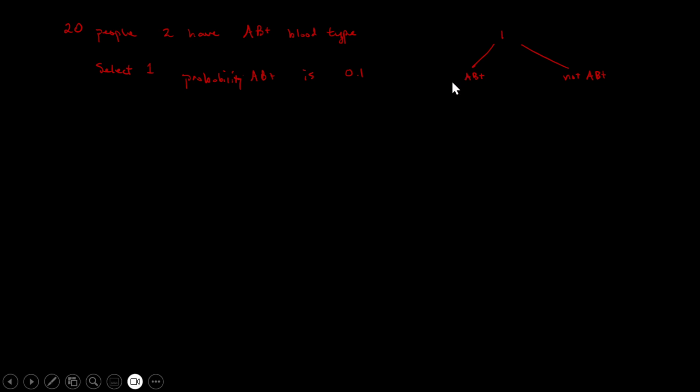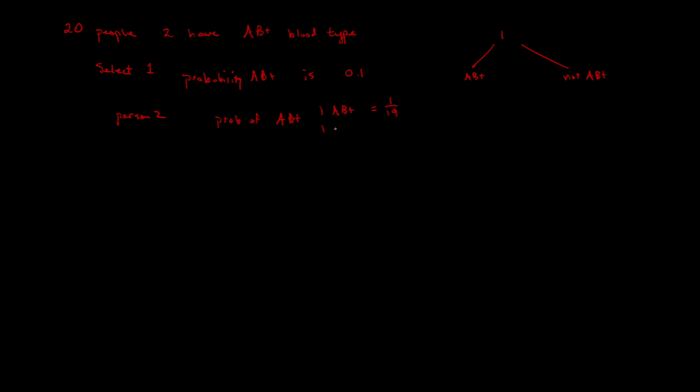Yes, it has. So at that point, for person 2, what we find is that the probability of AB positive blood, well, if person 1 is AB positive, then it's equal to 1/19.